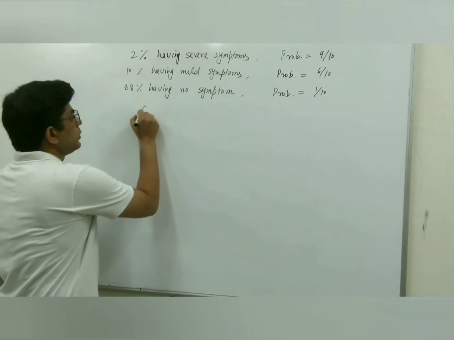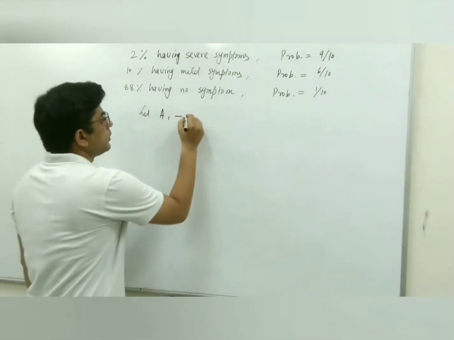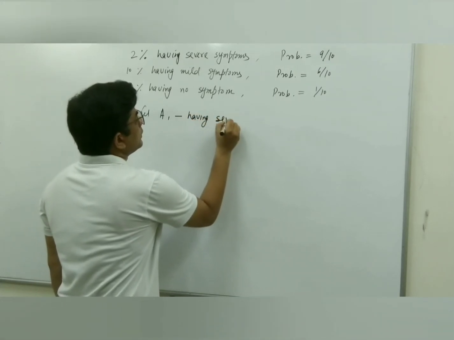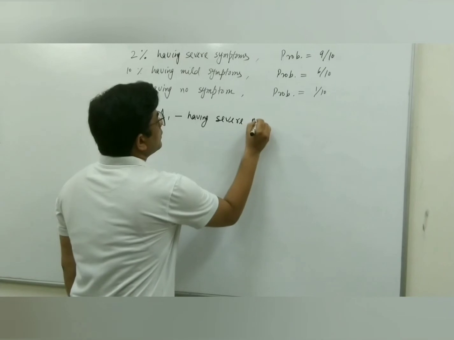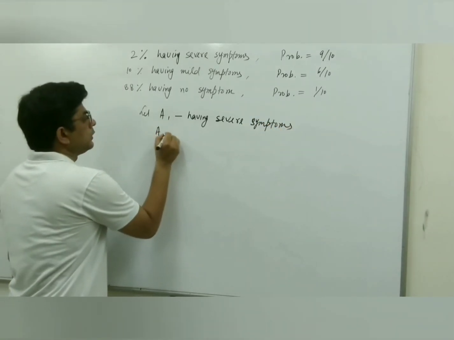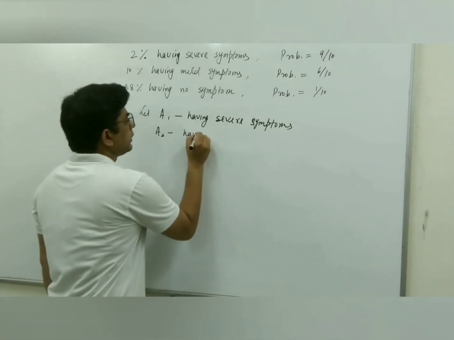So we suppose that let A1 be the event in which the person X has severe symptoms. Let A2 be the event in which the person X has mild symptoms.